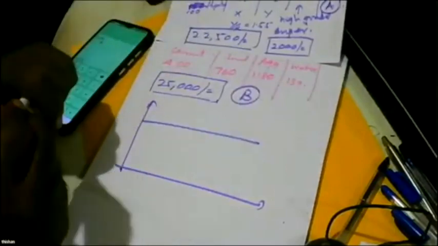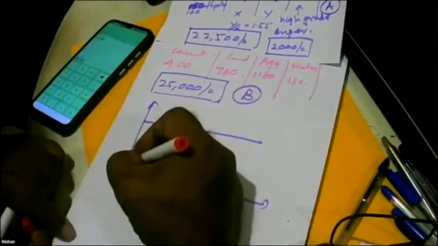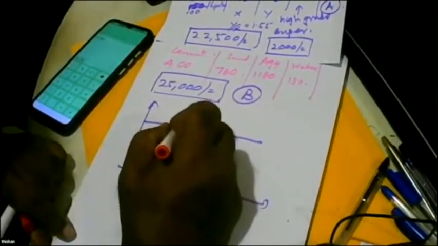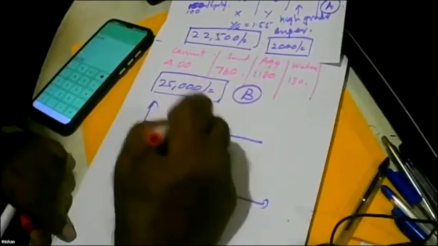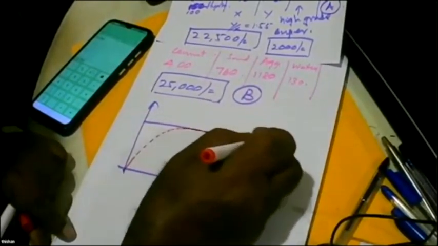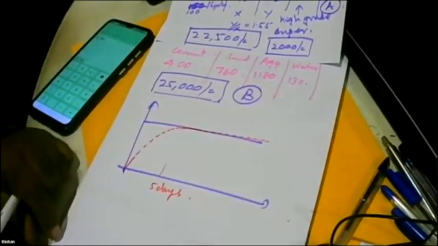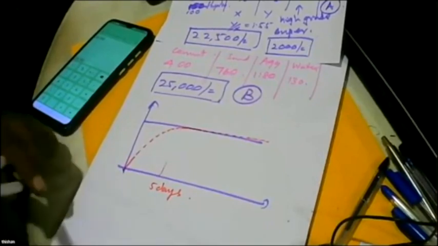Mix B will generate a lot of heat and harden like hell. After about 5 days, you find it has reached full strength. But now it is going up very slowly because after about 2 weeks, all the tricalcium silicate reactions are over. So now it's going up very slowly. Now this one, that is mix B.